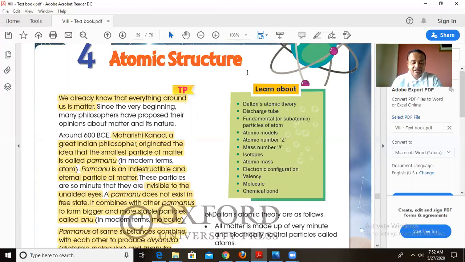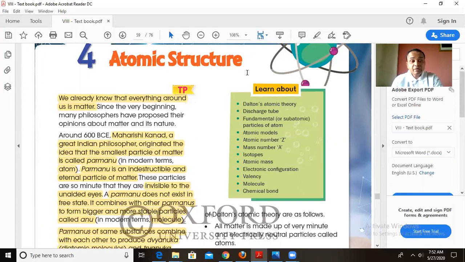This atom consists of proton, electron, and neutrons. The number of electrons in every element is different, and they decide the chemical properties. That is why the elements show different chemical properties, and so we are going to study this atom.